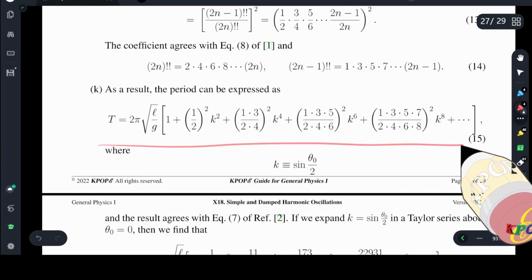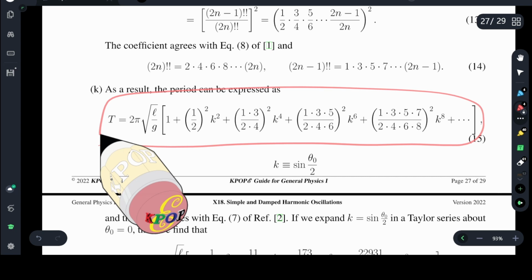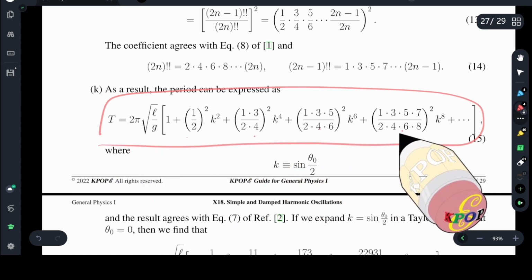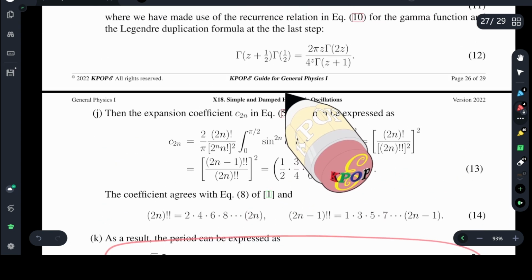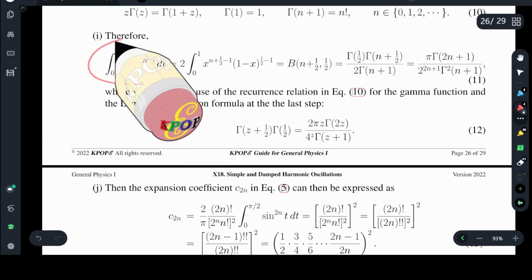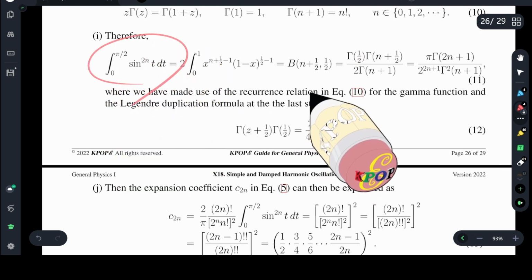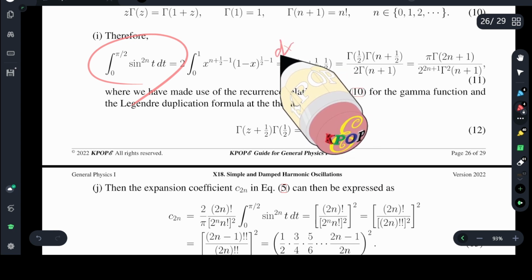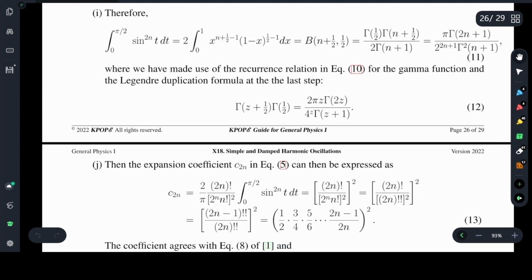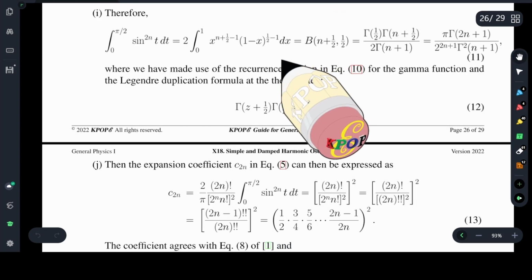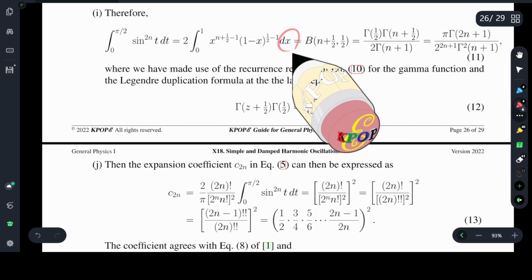It can be expressed in a series. And these numbers are Wallis numbers, that result from this interesting integral. Okay, the x is missing here. So I have corrected the typo in here.